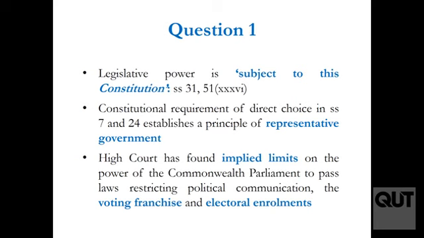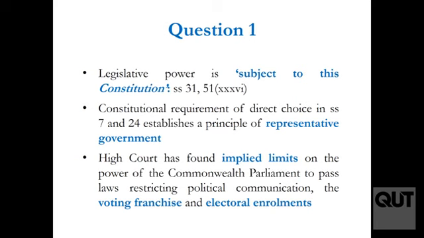And the High Court has relied on this principle of representative government to limit the power of the Commonwealth Parliament to pass laws that restrict political communication. Okay, so remember, it's from representative government that we have this implied freedom of political communication, which is a limit on power. That's not relevant for this part of the question, I'm just saying it for the sake of completeness.